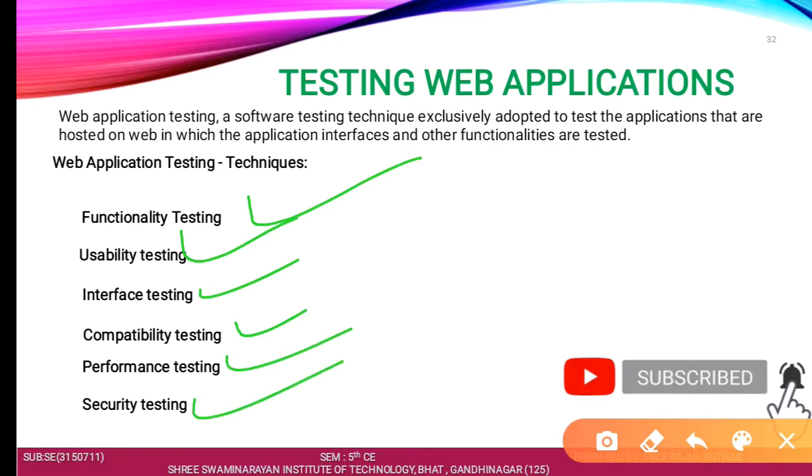So what do we mean by functionality testing? In functionality testing, we check whether the actual function is performed or not; each and every function will be checked. Then usability testing checks the usability of each and every component.